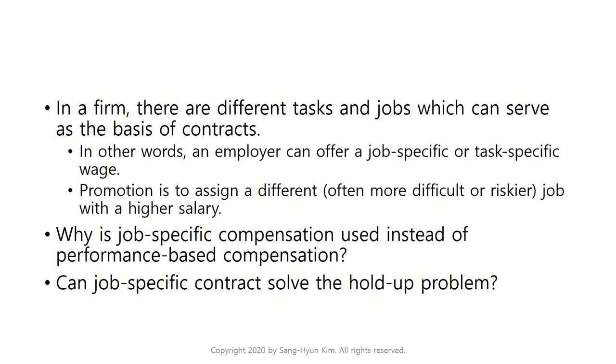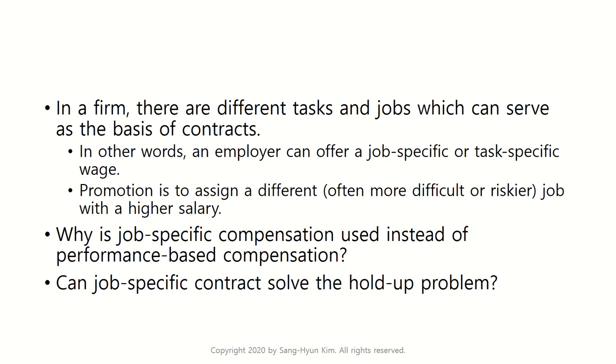But here we assume that performance is not verifiable. Then how can you overcome this moral hazard problem? How can you give an incentive to the worker to work? That's the problem. So an employer can offer a job-specific or task-specific wage. Using the position, job or task as the basis of contract, the employer can give an incentive to make an investment in job-specific skills.